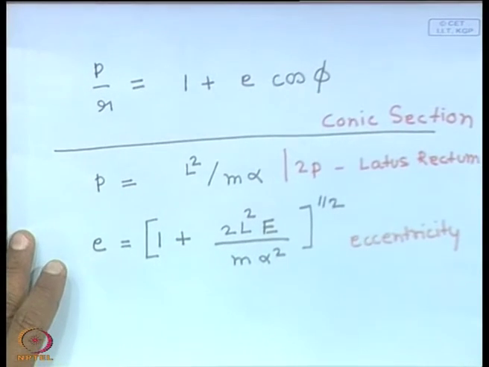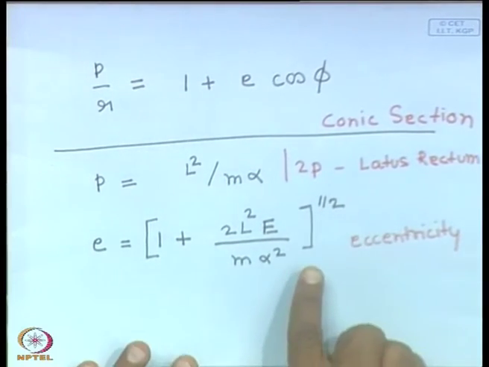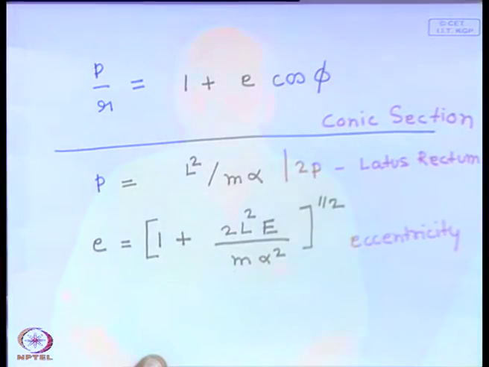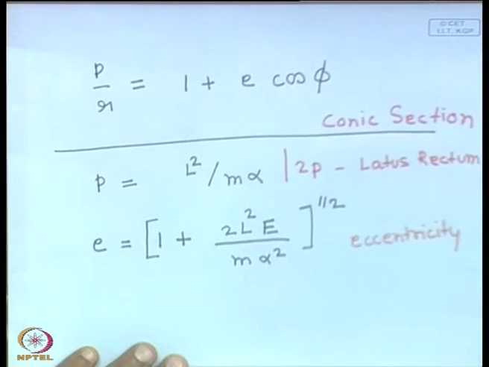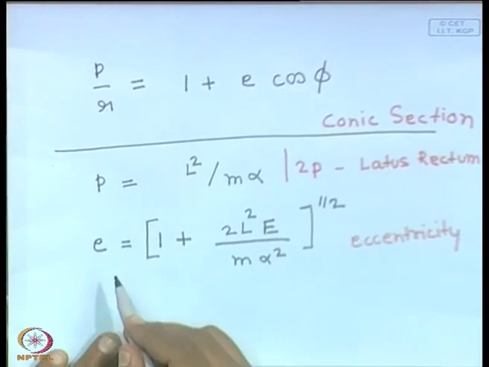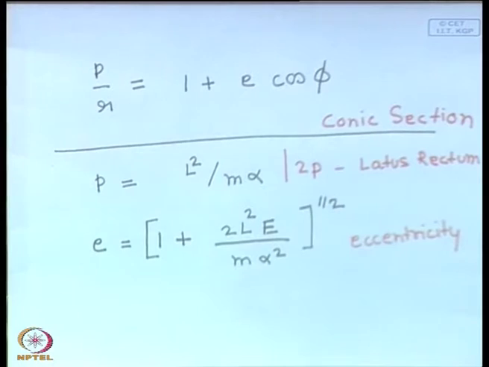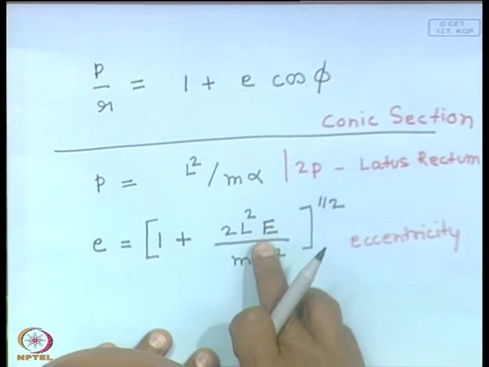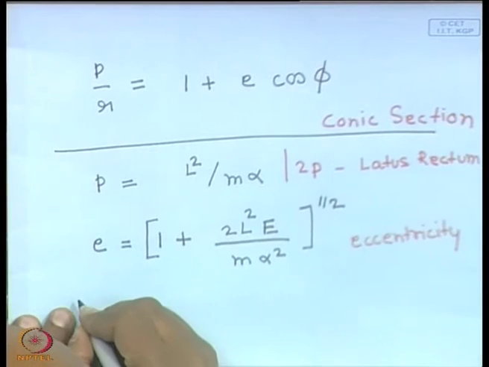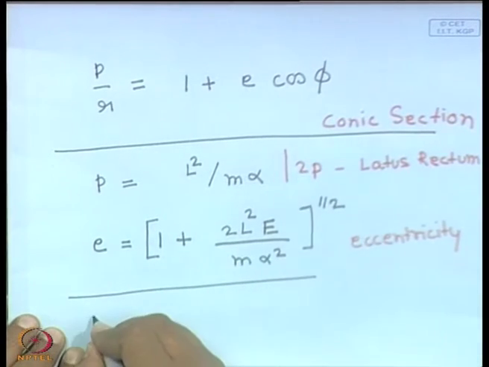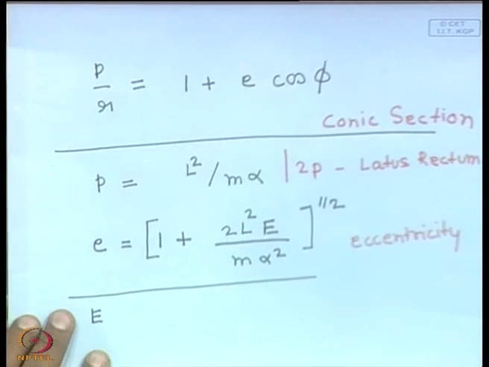Now, the first point is that we know there are three kinds of conic sections: ellipses, parabolas and hyperbolas. Whether it is an ellipse, a parabola or a hyperbola is decided by the value of the eccentricity E. Now let us look at this expression for the eccentricity.